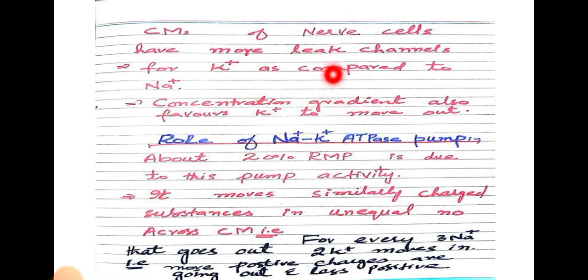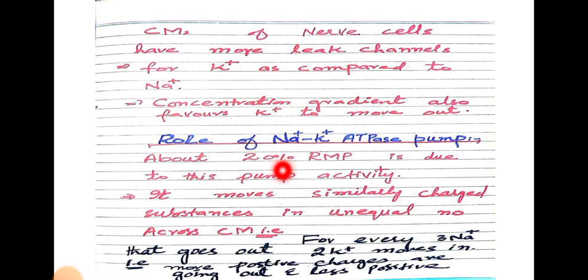I have explained it already that nerve cell or neuron cell membranes have more leak channels of potassium, and the concentration gradient of potassium favors it to move outside. Role of sodium potassium ATPase pump: it is responsible for just 20%.